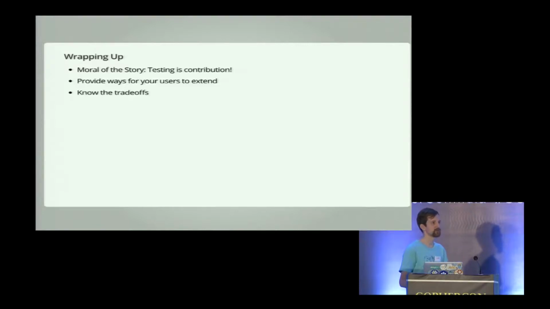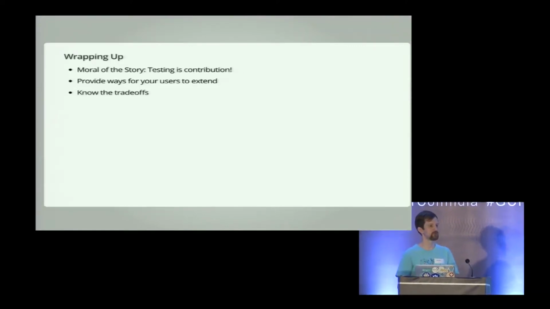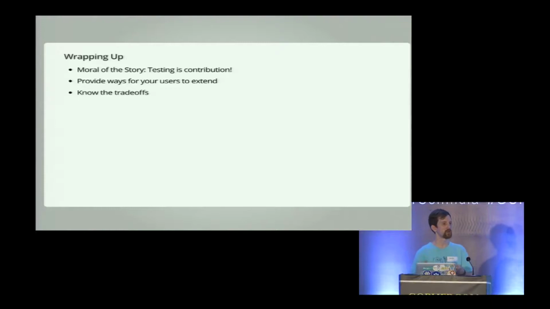But also know the trade-offs. You may care more about being able to do hot reloading, and so maybe using a separate process and then communicating over RPC is better because you can just restart the backend plugin process. But if you really care about keeping it as one process, then maybe the plugin API is for you.